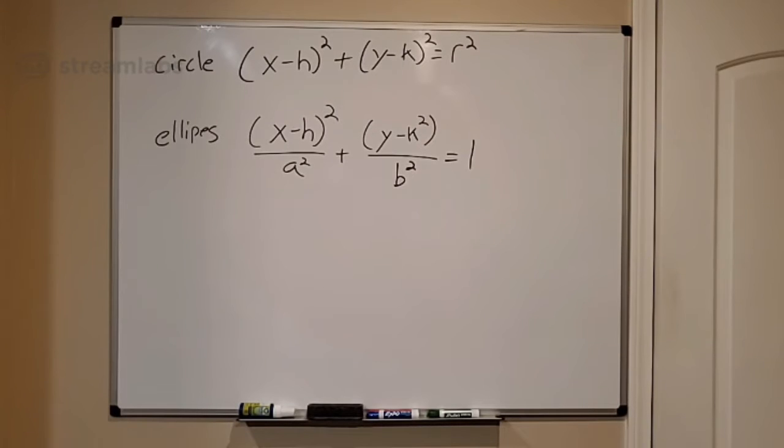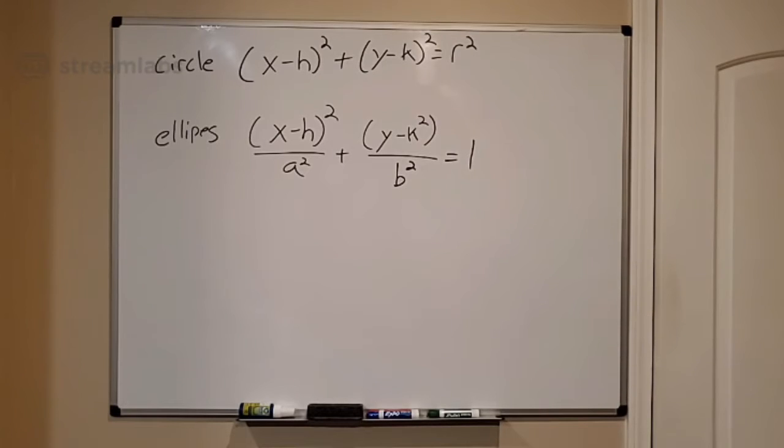Now, how do you tell which one is your major axis based on the equation? If it's the y first? No, careful. That's hyperbola. That's honestly where the biggest problem is going to come from in this chapter, remembering which one is which and which one goes where, especially with the ellipse and the hyperbola, because they are very similar.